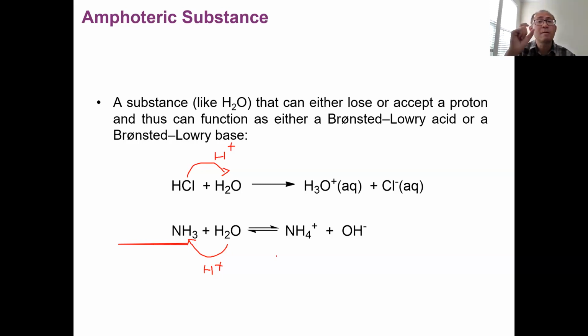So for a substance to be amphoteric, it must satisfy these two conditions. One is a hydrogen that can ionize or donate as a proton. Number two is a non-metal atom, or metal atom, mostly non-metal, that has a lone pair of electrons that can accept a proton.